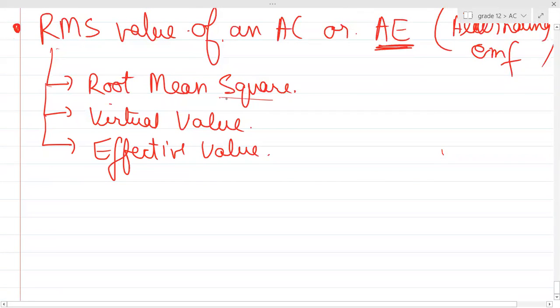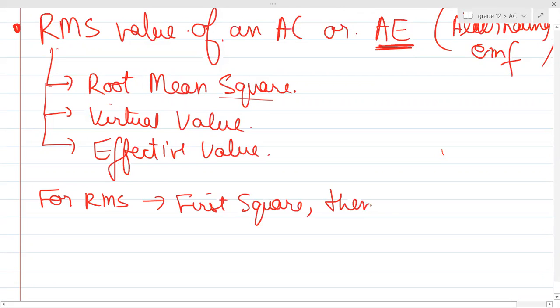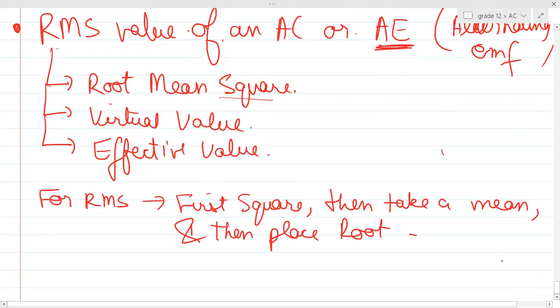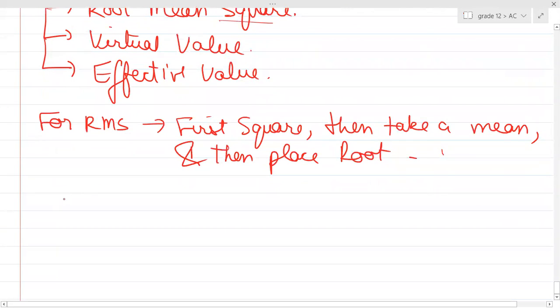What is this RMS? Please remember, for RMS, first square, then take a mean, and then place root. Suppose you have a current I equals f of t, this instantaneous current.